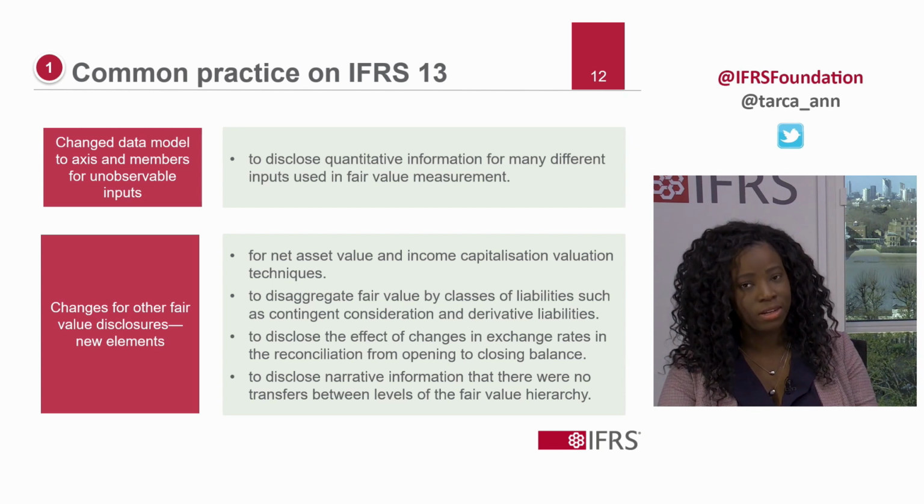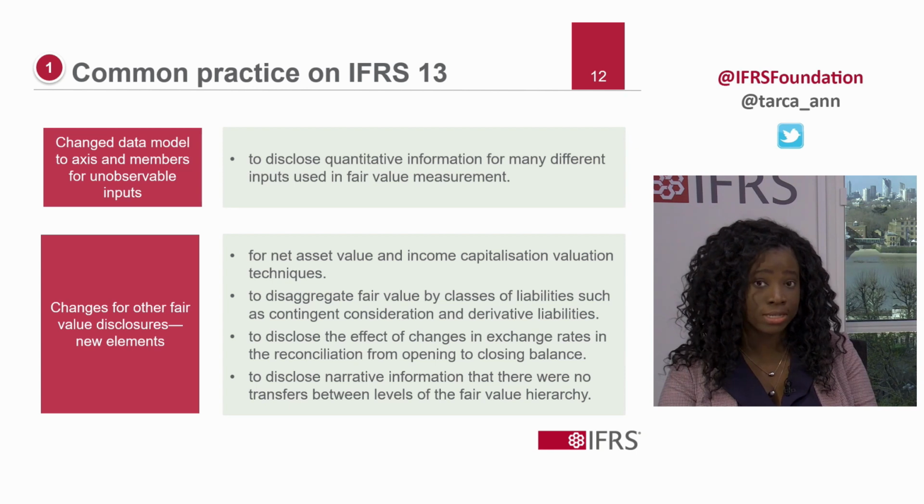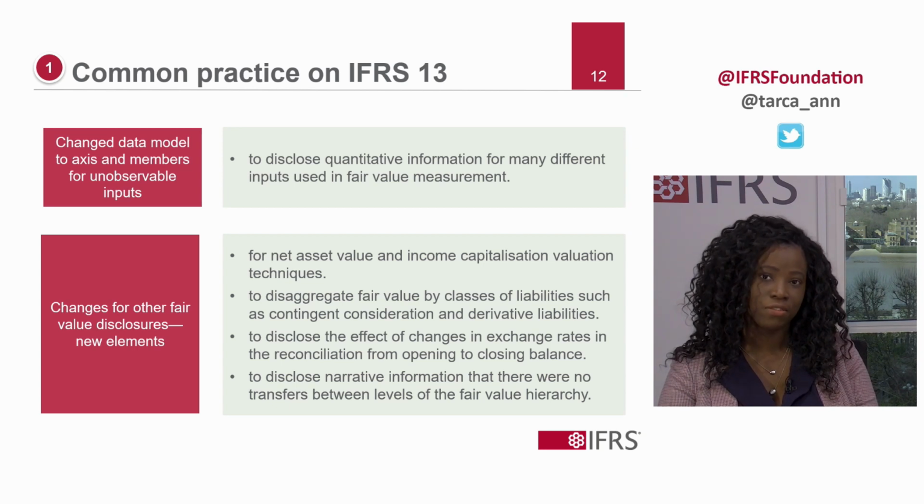The enhanced modeling will enable any company-specific extensions created to tag the information to be linked to an IFRS taxonomy element. We also added new elements for commonly disclosed unobservable inputs such as discount rates, rent, capitalization rates, and credit spreads.